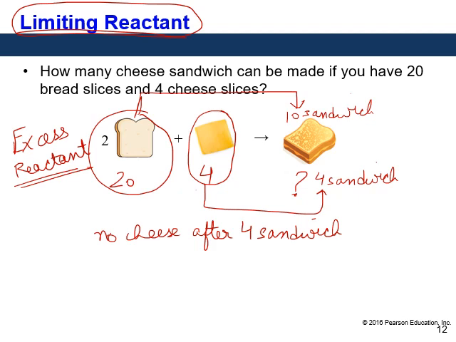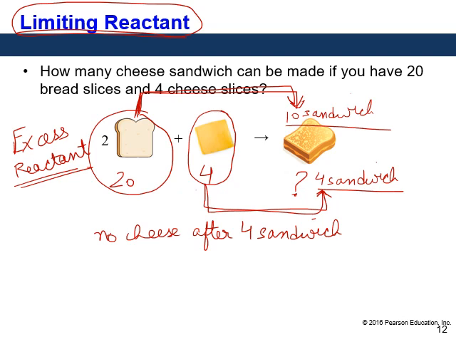Now, how would you usually do this? If the same question is given to you with an actual chemical reaction, you would convert. First, we converted my bread slices into product. I found I can make 10 sandwiches from here. Then I converted my cheese into product, which told me you can make 4 sandwiches. Whichever reactant gives me less product is my limiting reactant.